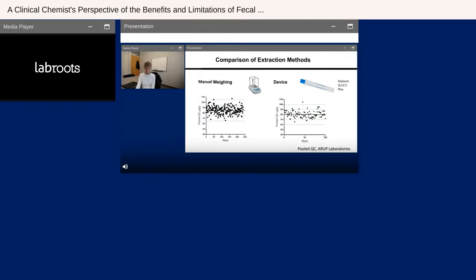Perhaps if your lab isn't running a ton of fecal calprotectin samples, you don't want to go to all this effort of making a pooled stool QC. I totally get it because it takes a little bit for our lab to do as well.